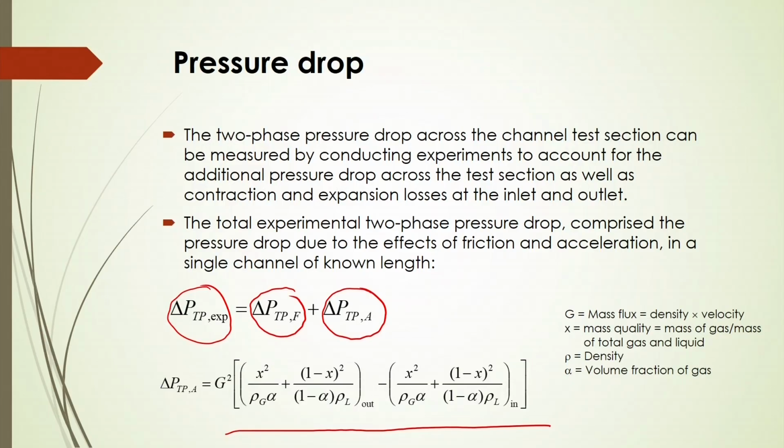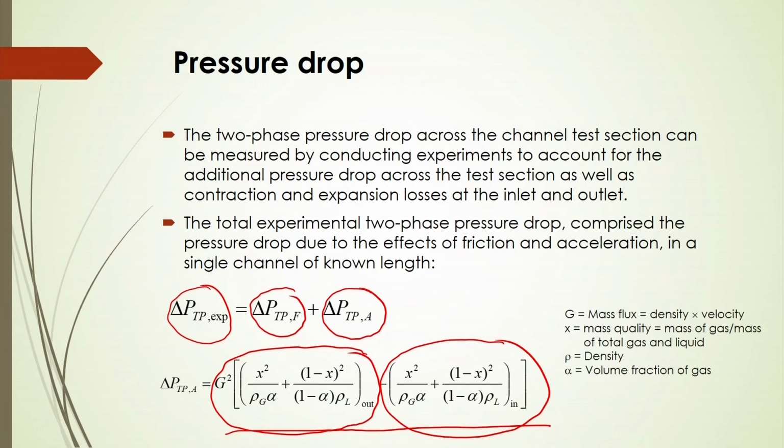At the inlet and outlet, you have the inlet component and the outlet component of this equation. In this case, x is called the mass quality, or mass fraction of the gas in the gas-liquid mixture, rho is the density, and G is the mass flux, that is density times velocity, that you have to calculate.